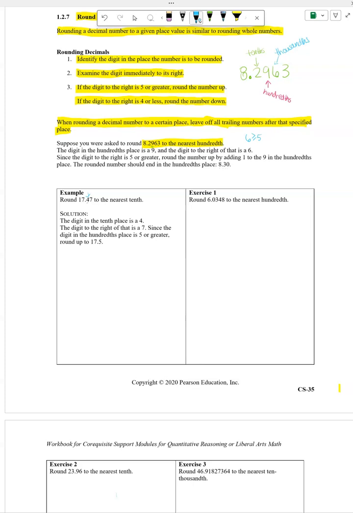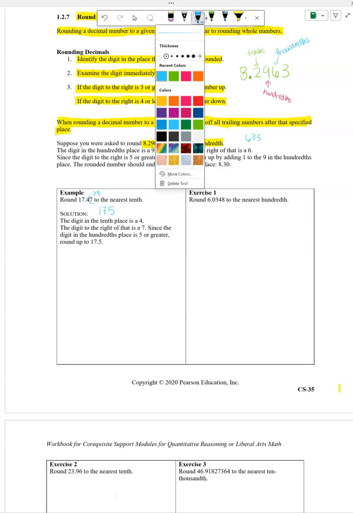Since this is the one that we're going to round, we look right past it, which is the 7. Now, is 7 bigger than 5? Well, it is. So we're going to round the 4 up, right? Greater than. Big mouth goes to the bigger number. So that's going to be 17.5. Okay? That's how you do that.